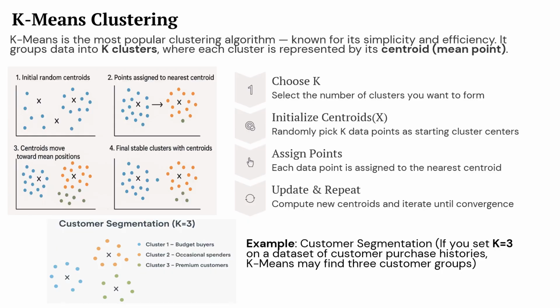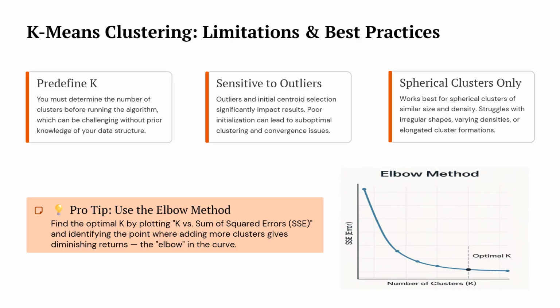For example, in customer segmentation, if K equals 3, K-means might discover 3 groups: budget buyers, occasional spenders, and premium customers. K-means is simple and powerful. It does come with a few limitations you should know. First, you need to predefine K, the number of clusters.